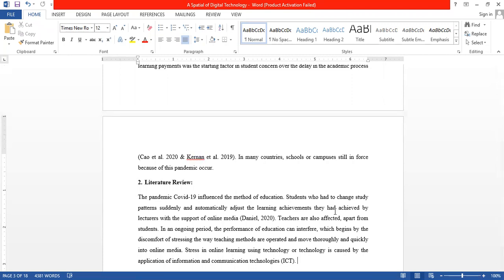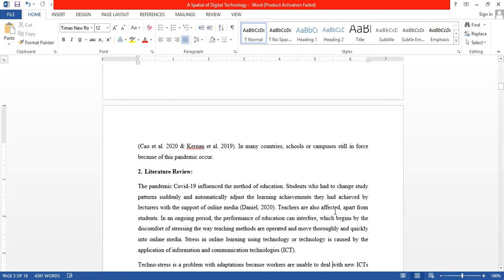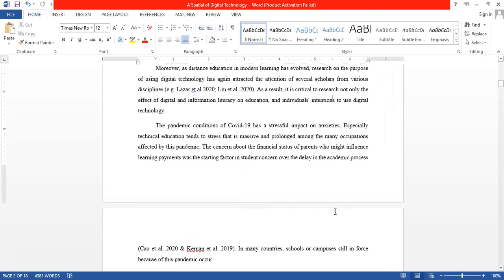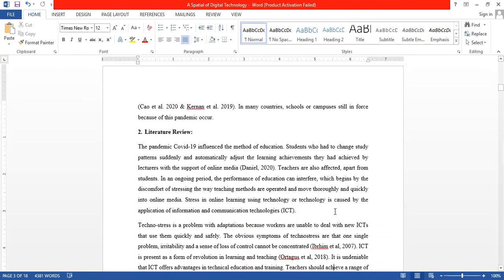You will give the background of your study, there will be research questions, the research objectives behind your research, and the significance of your study, theoretically or practically, that you are contributing in this research. And after that, you will write a literature review.